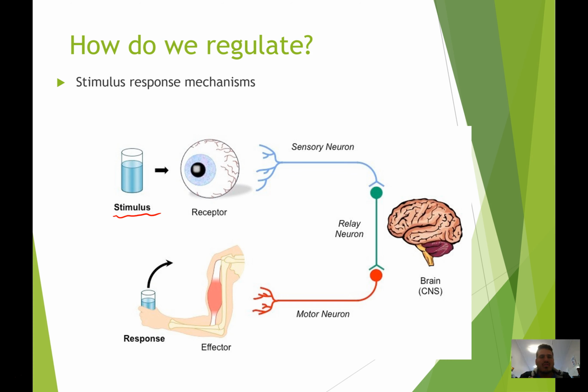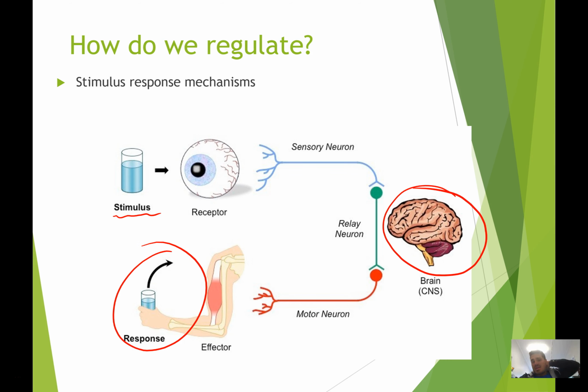Receptors in your eye, the cones and rods in your eye, see that glass of water, and the sensory neuron that's attached to those receptors is going to relay that information to an interneuron or a relay neuron that's going to give that information to our brain, all right, which is our central nervous system. That central nervous system is then going to respond to that stimulus and is going to tell you through the motor neuron to drink the water. Okay, so that's simply we have a stimulus which through this pathway leads to a response.